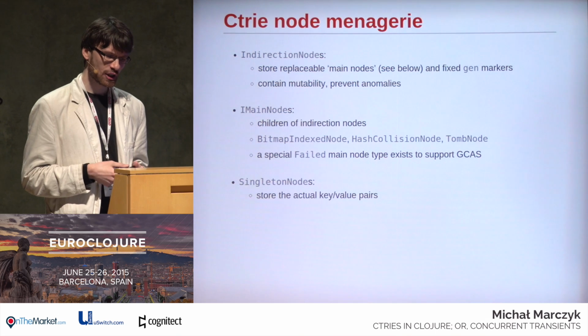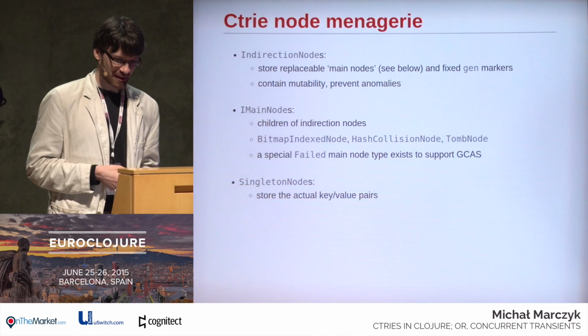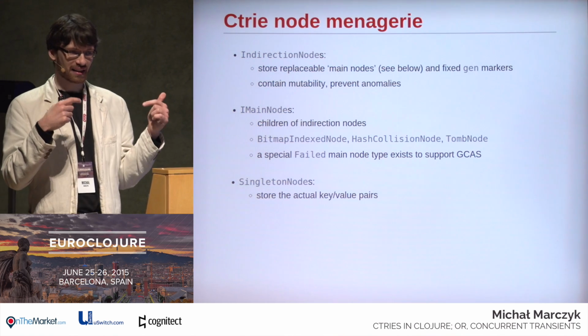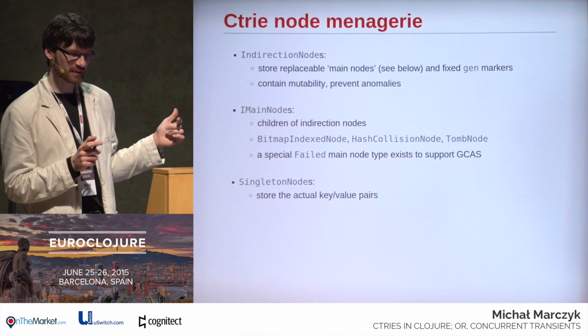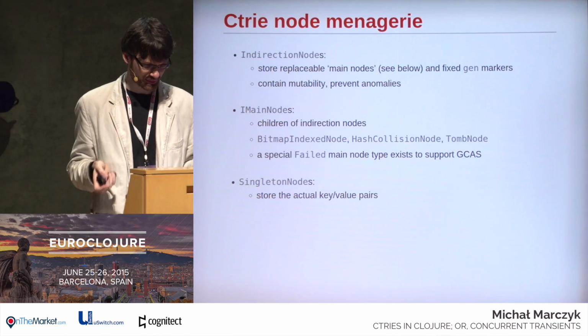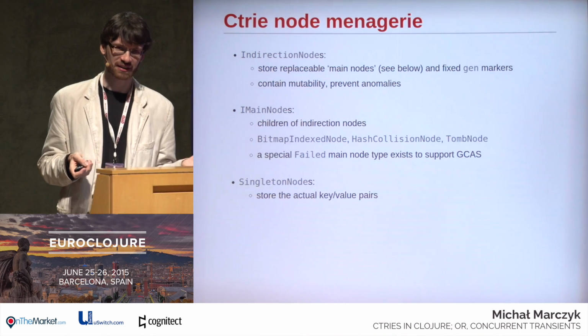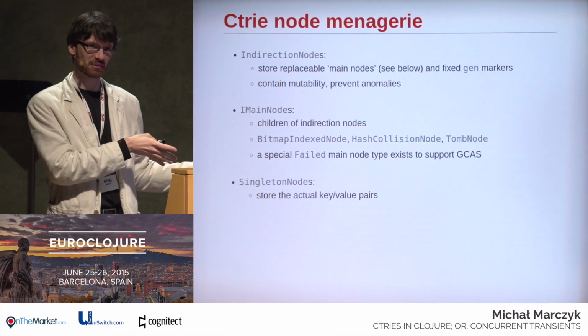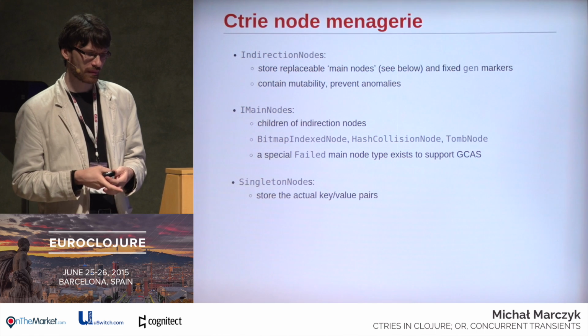As of today, we have those indirection nodes described a moment ago. Then they have so-called main nodes as children. And those, bitmap index node and hash collision node, resemble the nodes of the same names found in persistent hash maps.